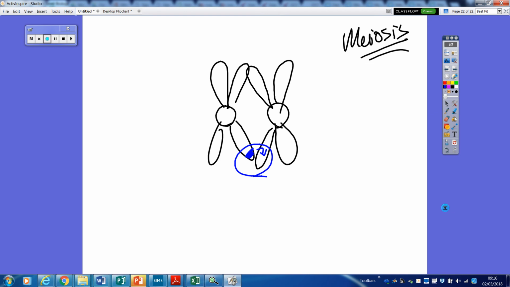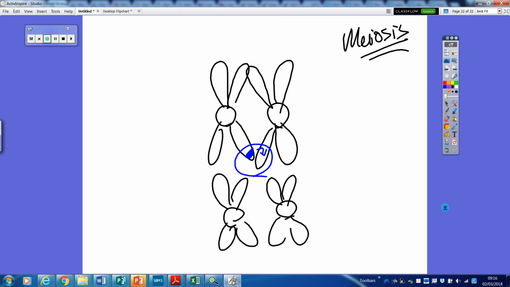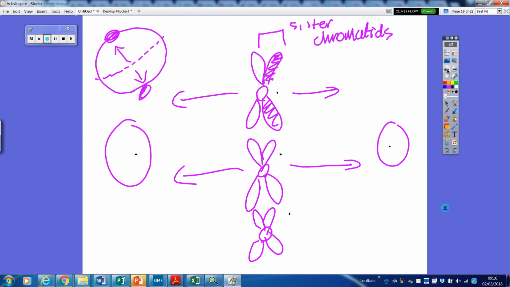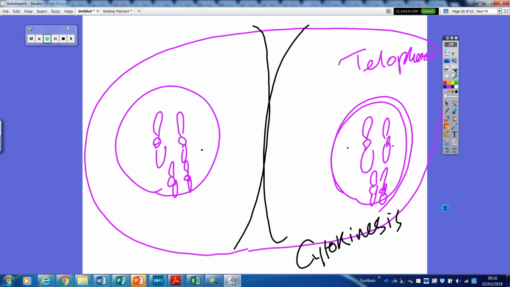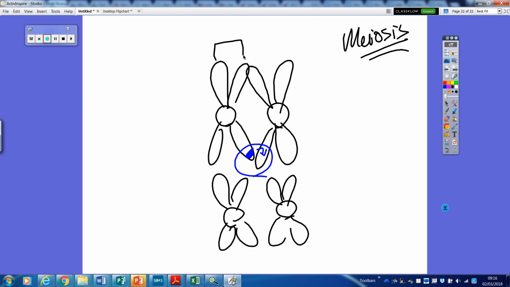So that's the same for every single chromosome in meiosis. We're just talking about like 4 chromosomes here, 2 chromosome pairs, but that's for all 23 pairs. So instead of sister chromatids being pulled apart, like they were here, this is the sister chromatid being split apart, what happens is the whole chromosome, the whole doubled up chromosome, the pair of sister chromosomes are pulled apart.